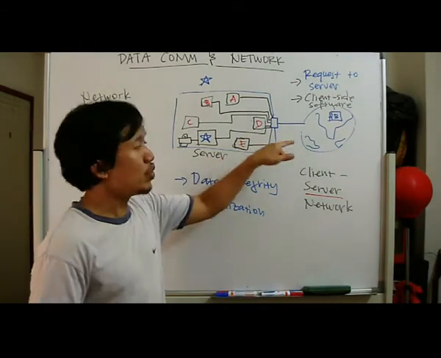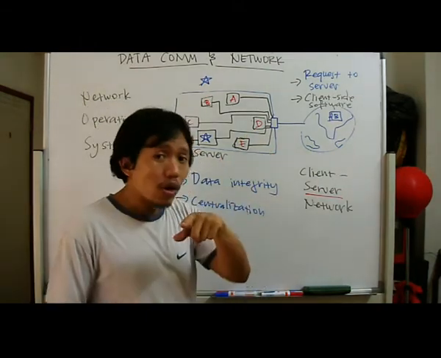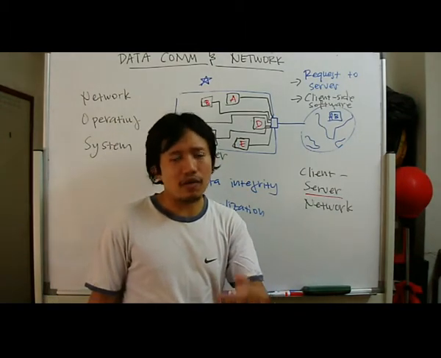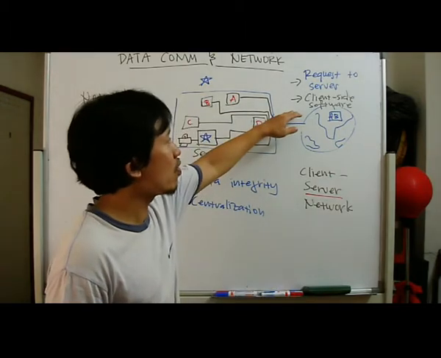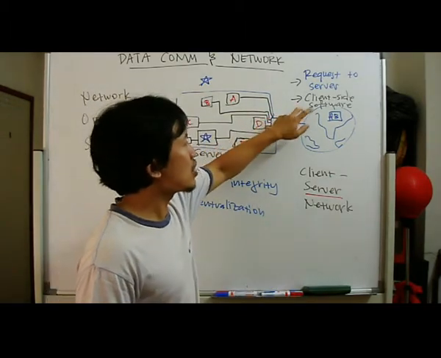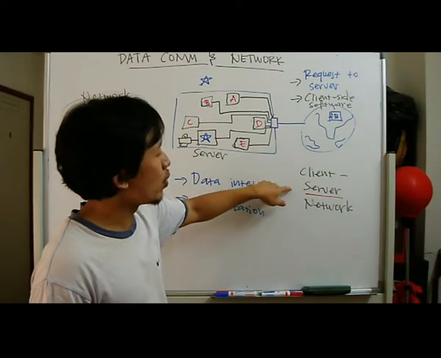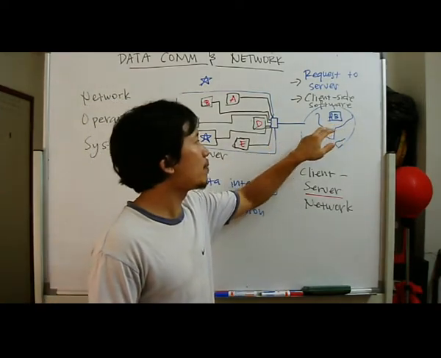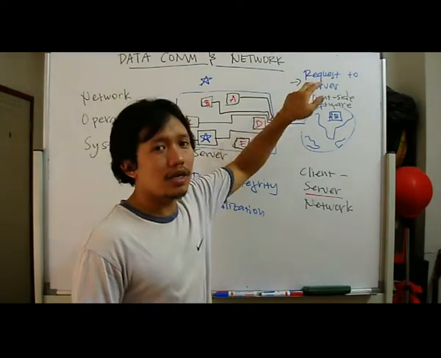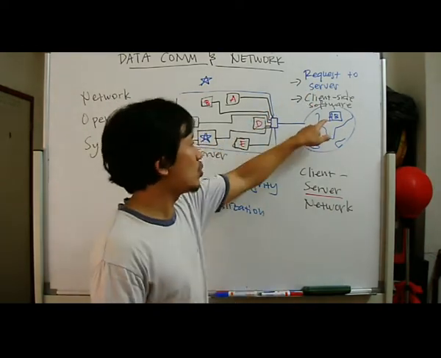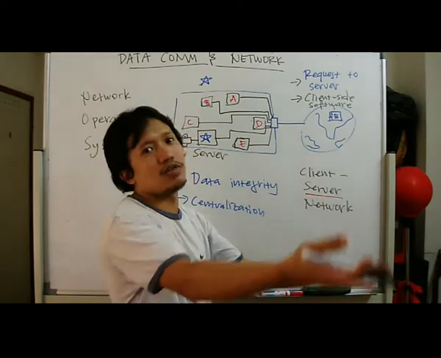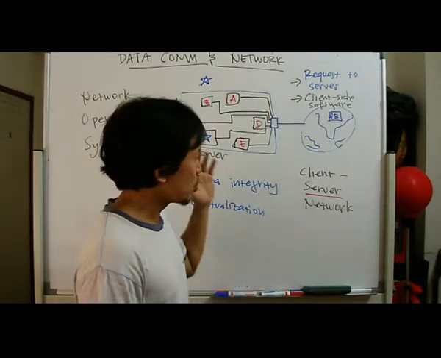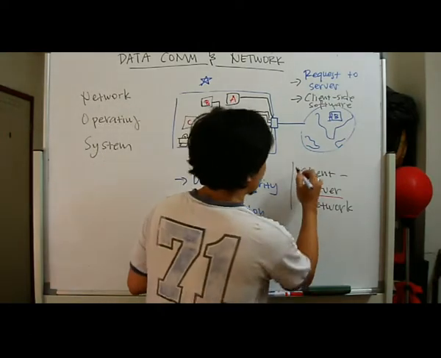In the case of you using the World Wide Web, your client-side software will be a web browser. It can be Google Chrome, Mozilla Firefox, anything. So these are client-side software. The client-side software will communicate with the web server, in this case because Facebook is a website, and requests the photos, and the Facebook server will say, okay, here's your picture. In which case the server is actually granting the request. So this network is called the client-server network.